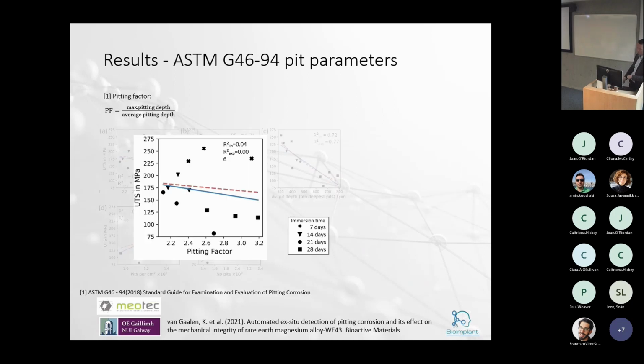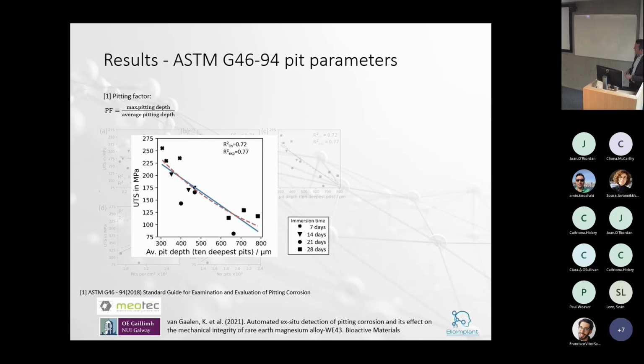Let me just focus in on some of these. What we found was, when you plotted specimen strength against pitting factor, you found a very poor correlation in terms of mechanical properties. So that idea of looking at the max pitting depth versus the average pitting depth didn't really tell us much mechanically about the specimen.